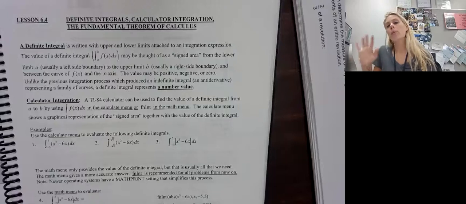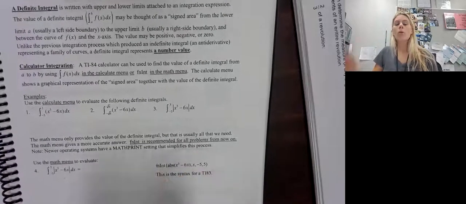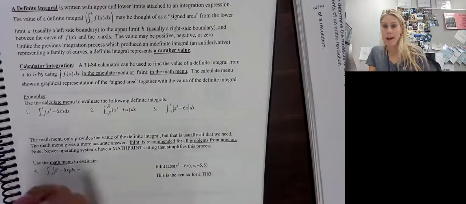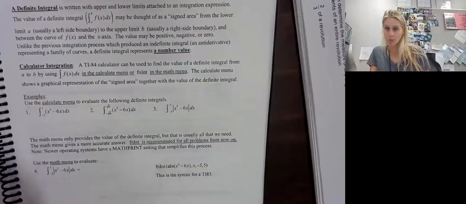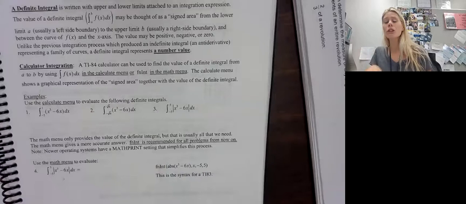Now before I get into how to do that algebraically, we're just going to focus on the calculator and see what happens. So we're going to do this two ways. We're going to do the calculate menu, which means we're going to put it into Y1 and graph it first and then find the value. And then we're going to do the math menu integral, which is what we've been doing with the derivative.